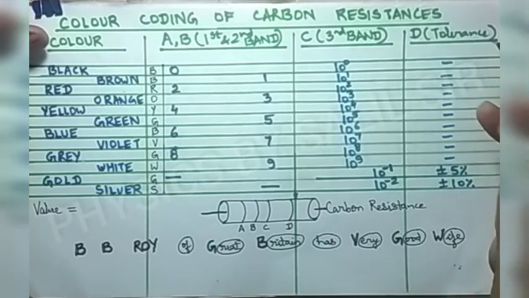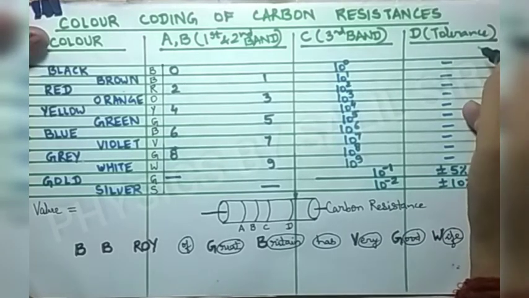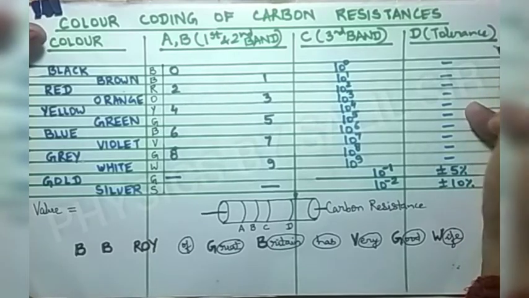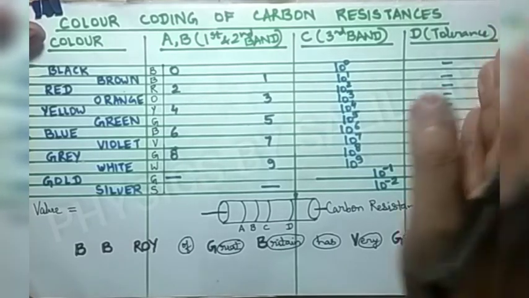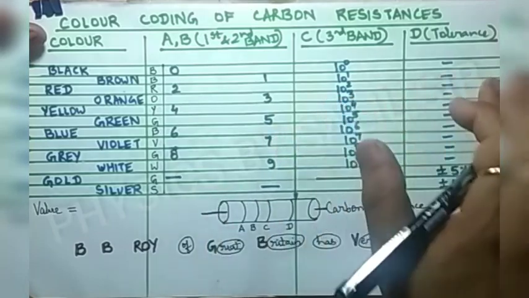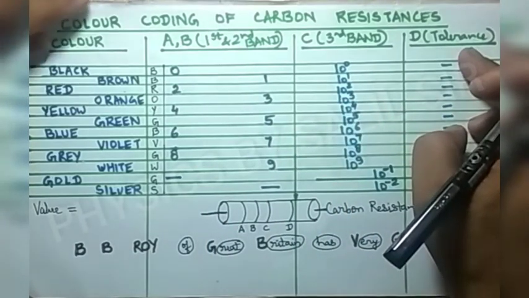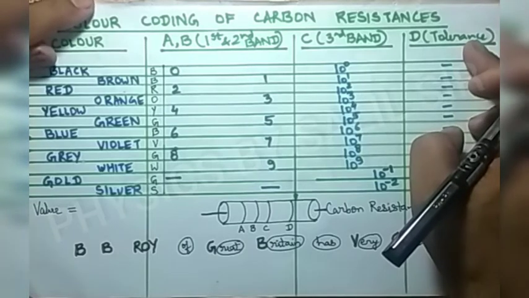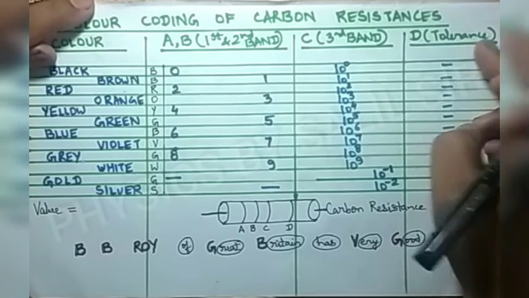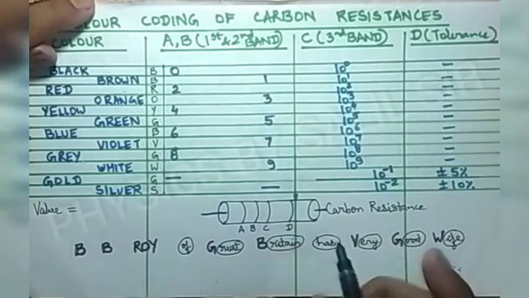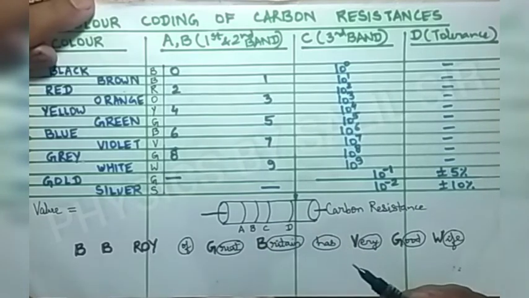We do not call it a band because there should be some difference between these three bands and the last band. The last band is for tolerance, that's why it is not said to be a band, but in reality it is like the other three bands.